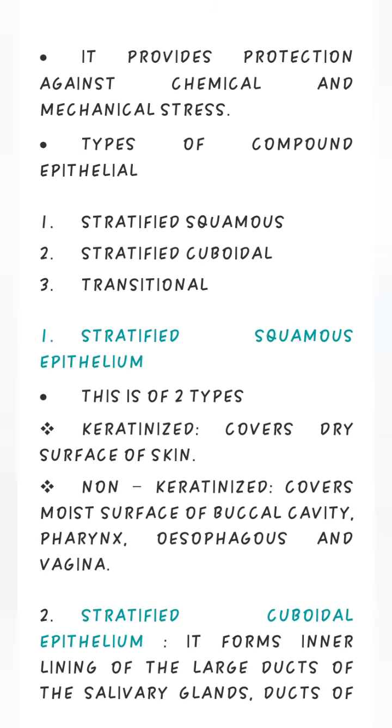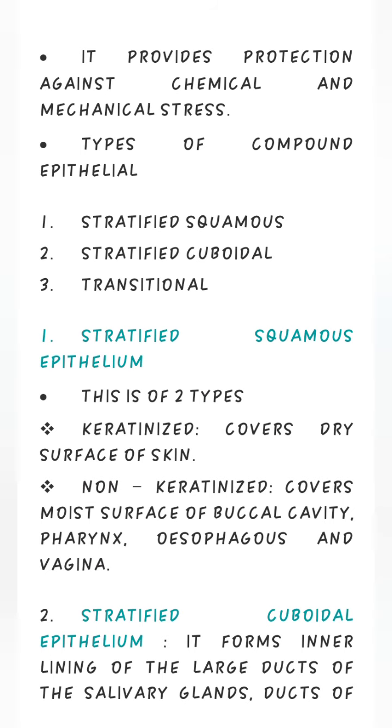Coming to the stratified squamous epithelium, this epithelium is divided into two types. They are keratinized and non-keratinized. The keratinized stratified squamous epithelium is found covering the dry surface of skin, and the non-keratinized squamous epithelium covers moist surfaces of buccal cavity, pharynx, esophagus and vagina.